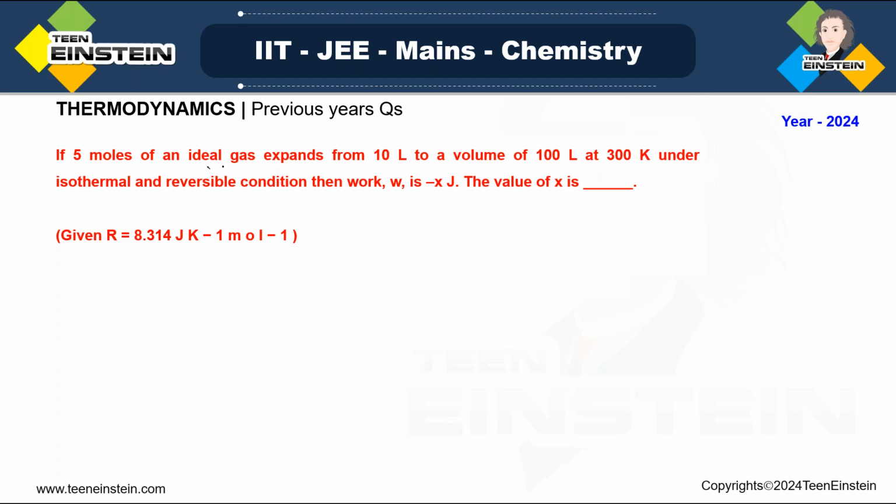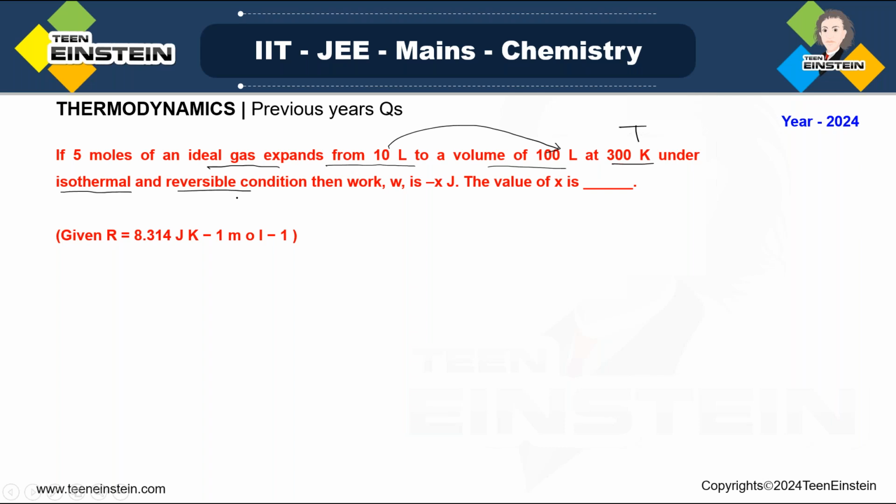If 5 moles of an ideal gas expands from 10 liter to a volume of 100 liter, so from 10 liter now we are getting 100 liter. Temperature is 300 Kelvin, so this is T, and the conditions are isothermal and reversible.